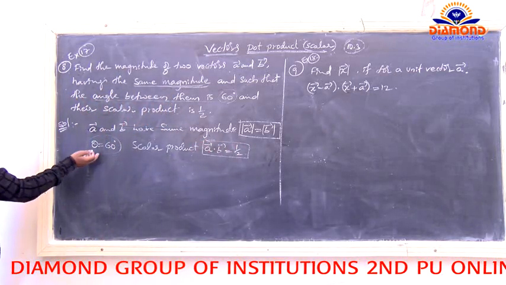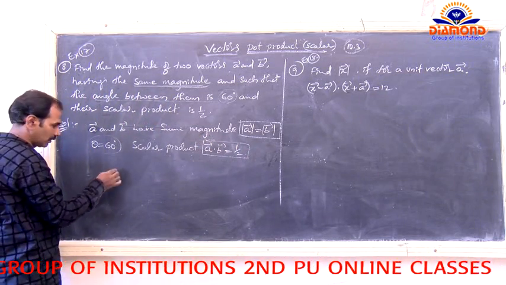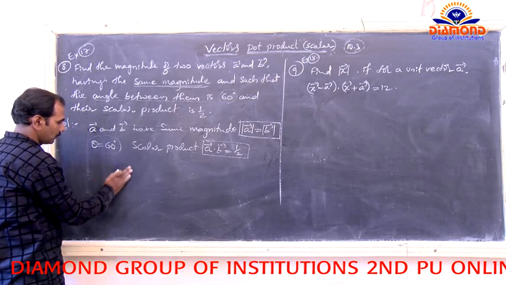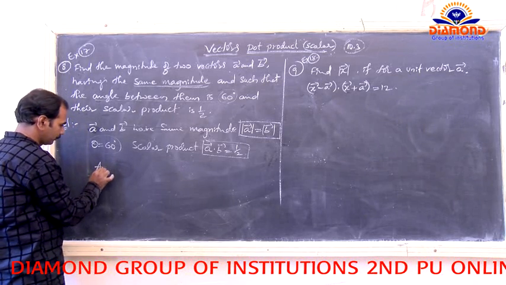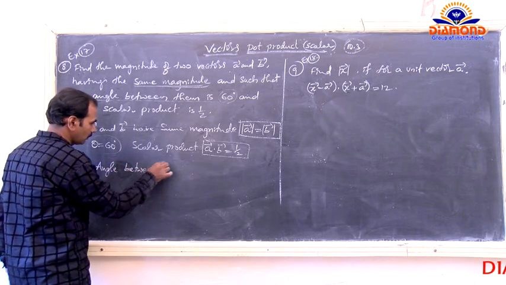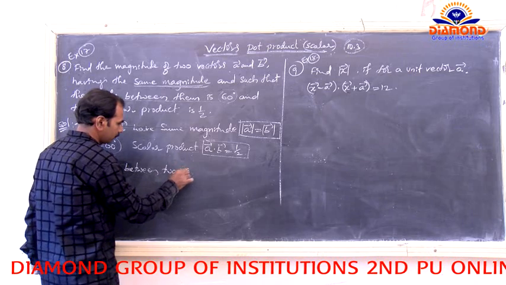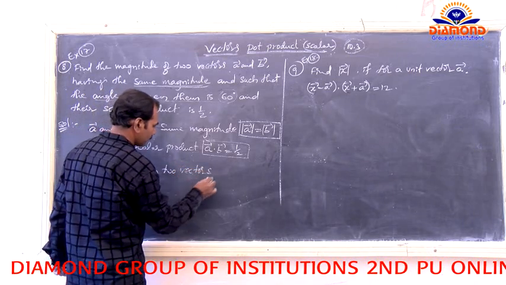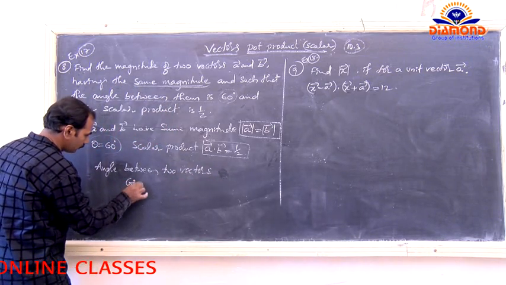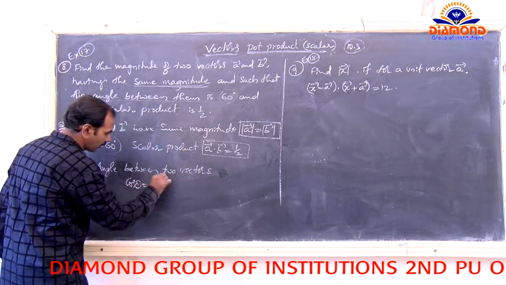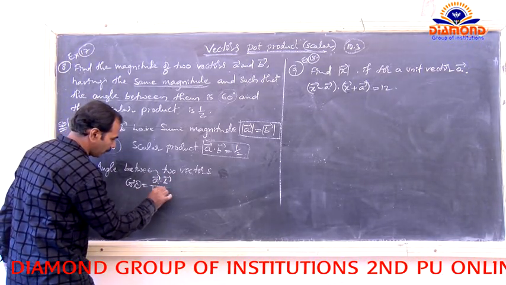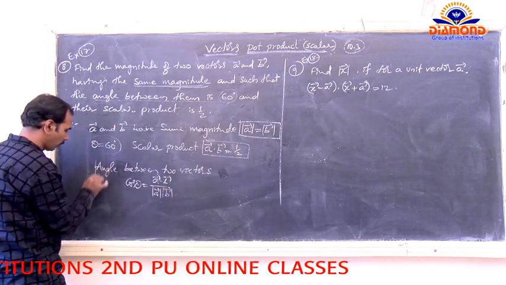You already know the angle between two vectors: cos theta equals A vector dot B vector divided by magnitude of A times magnitude of B. This is the formula.